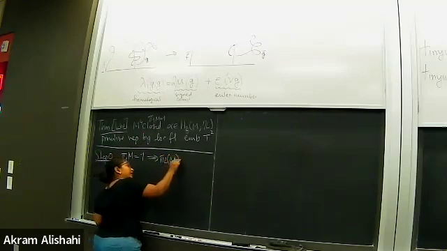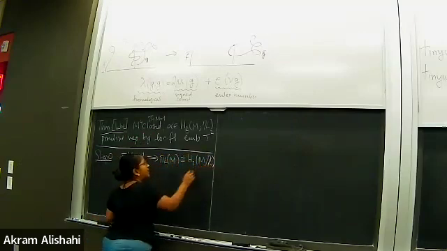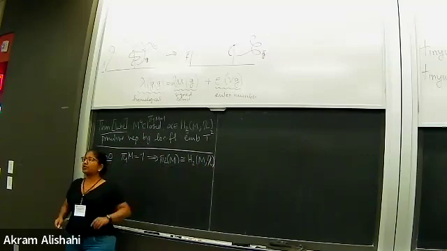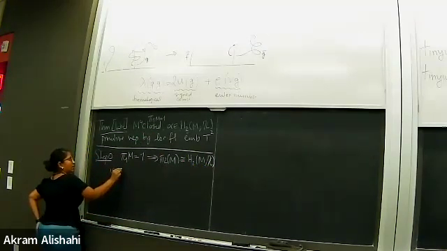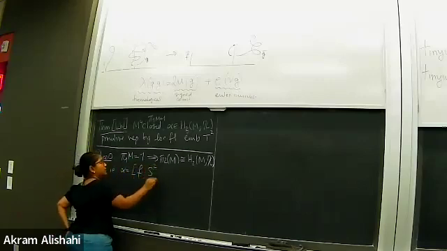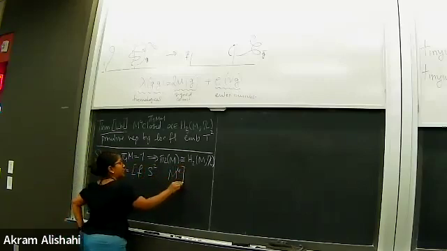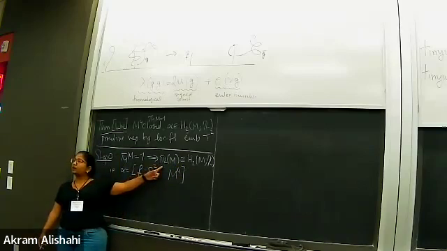So by the Hurewicz theorem, this came up last lecture as well, pi 2 is the same as H2. And in particular, this means that alpha is represented by a class of some S2 mapping into my M4. I'm using the definition of pi 2 here. It means that there's a map from S2 to M4 representing my class.